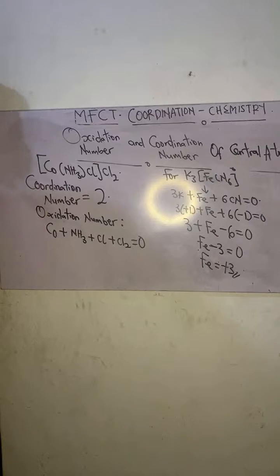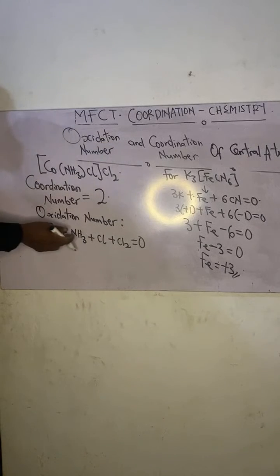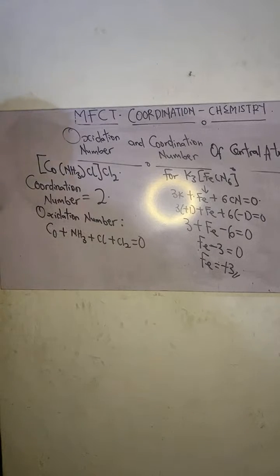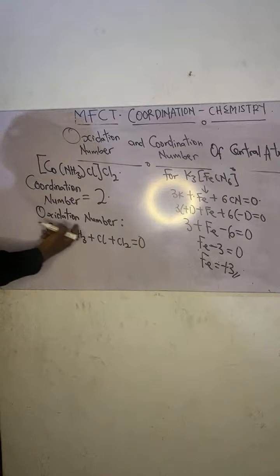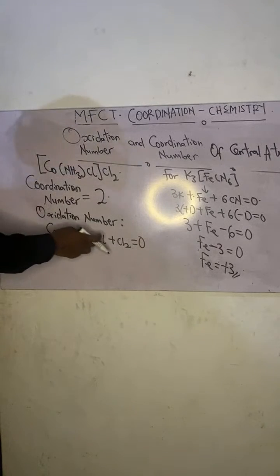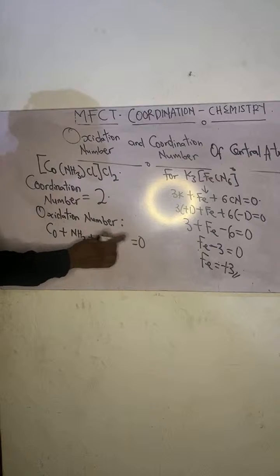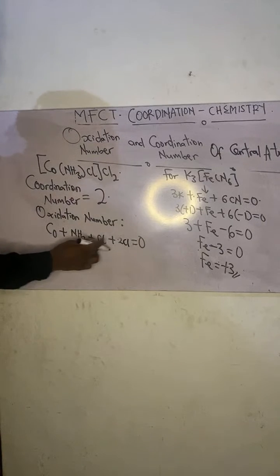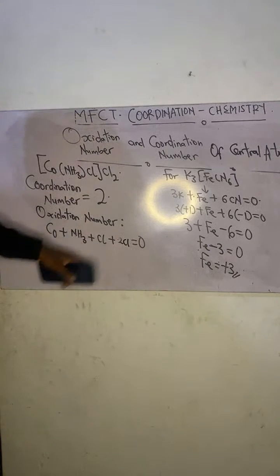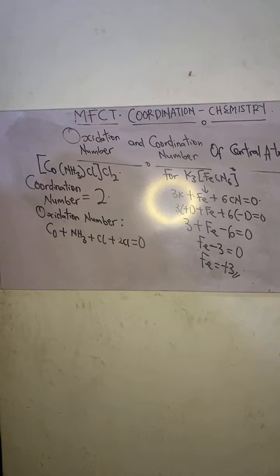So that is how to do it for coordination compounds. The next thing you have to note is that this NH3 is an example of a neutral ligand, so the oxidation number of NH3 would be 0. Why this Cl? The oxidation number of Cl would be minus 1, because it belongs to group 7 elements.